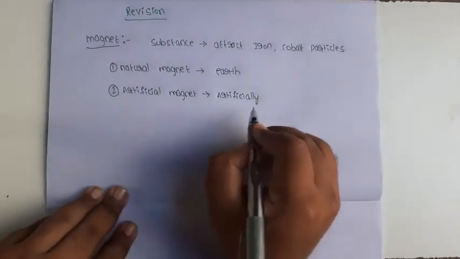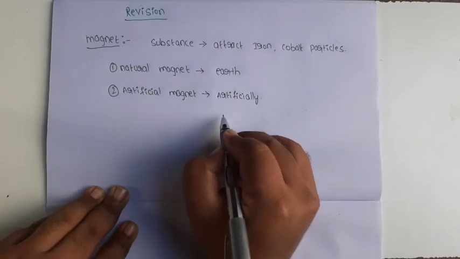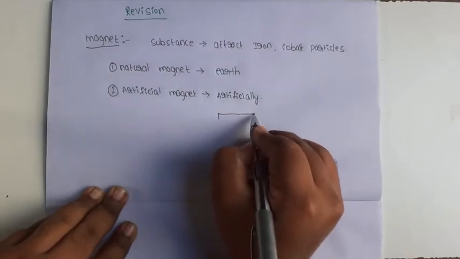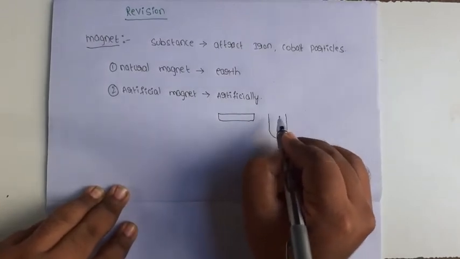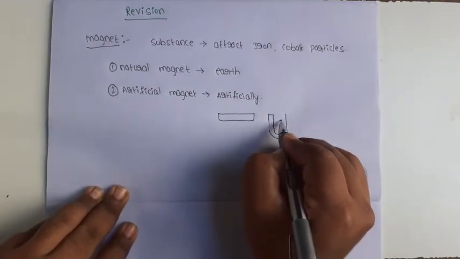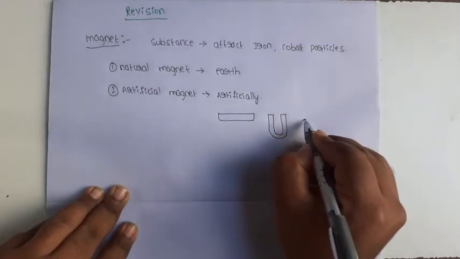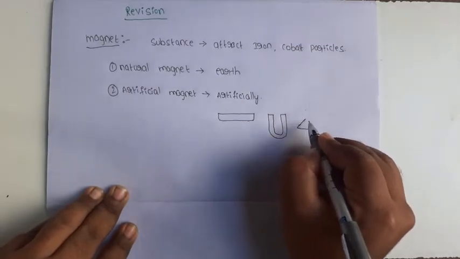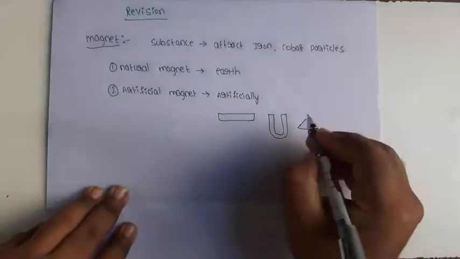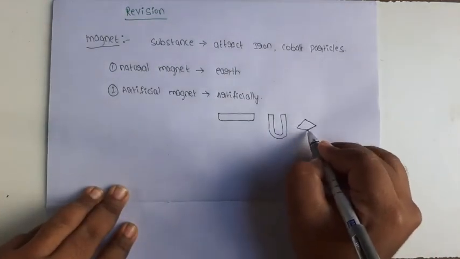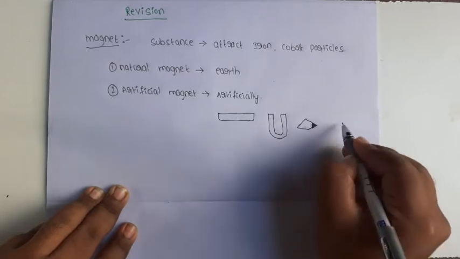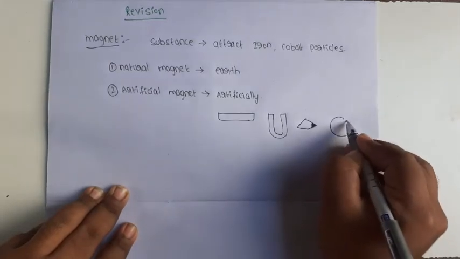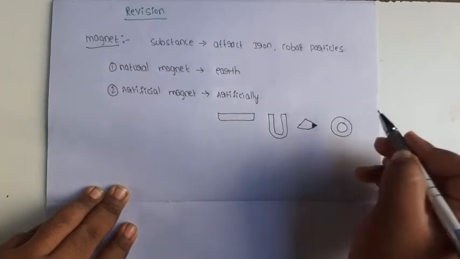Examples of artificial magnets are the bar magnet, U-shaped magnet, magnetic needle, and circle shape magnet.